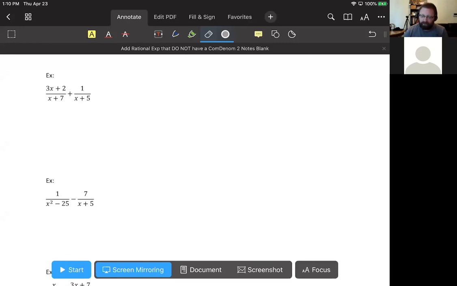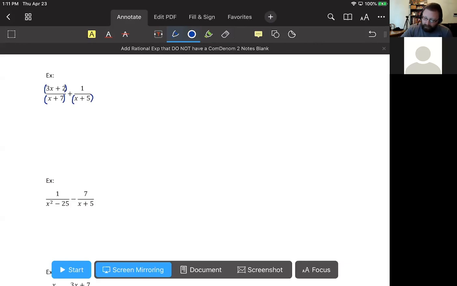So on our first example here, we have 3x plus 2 over x plus 7 plus 1 over x plus 5. Okay, so what we're going to do is we have to get a common denominator. Well, the common denominator would be a combination of our two binomials. So the first thing I suggest you do is put parentheses around any binomials or trinomials in the numerator or denominator, because you have to keep in mind that those things cannot be split up.